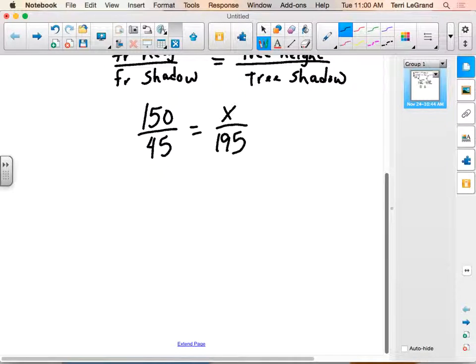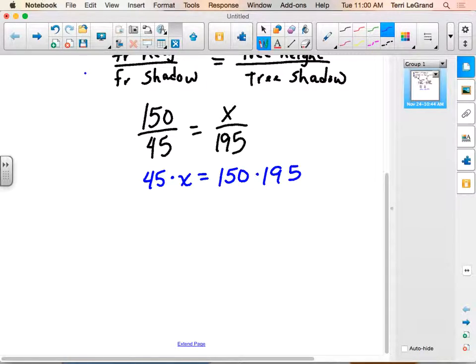Get it done. Do your cross products, do your dividing. This might be one of those days that you're going to be really happy you remembered your calculator.